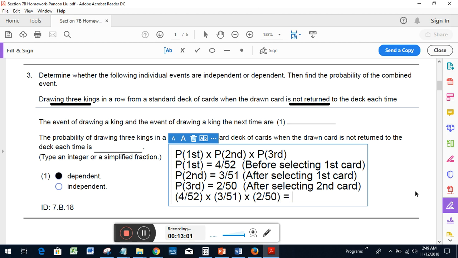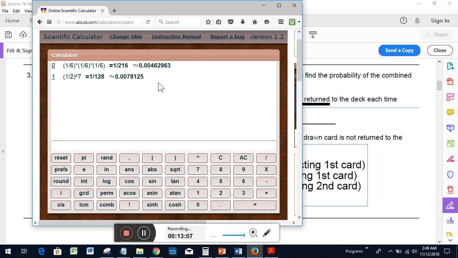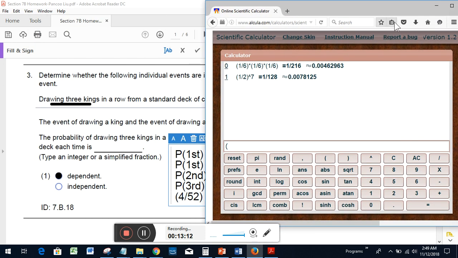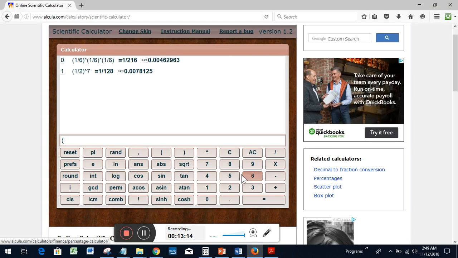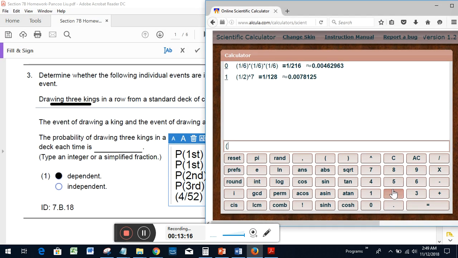So again, they say they want your answer as a simplified fraction. So 4 out of 52 times 3 out of 51 times 2 out of 50.